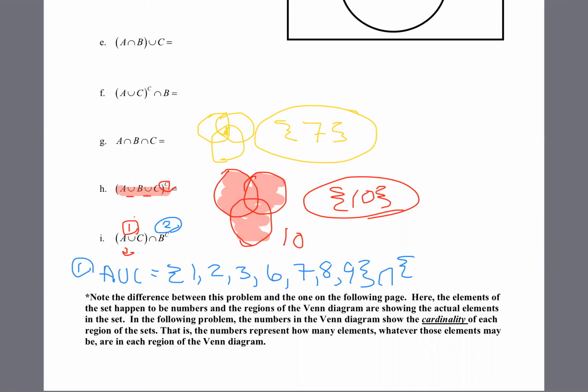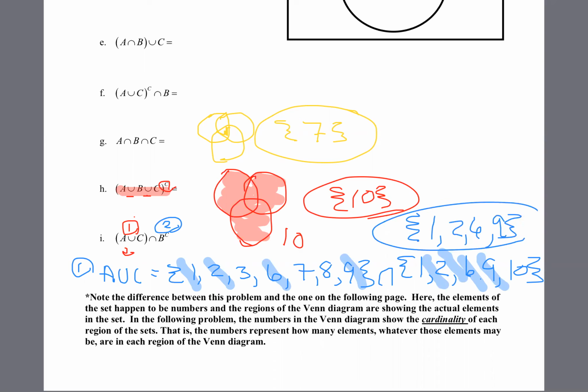And B complement from up top was 1, 2, 6, 9, 10. So we're looking at just what they have in common. 1, 2, 6, 9. So that one is 1, 2, 6, 9. All right. So that's part G, H, I. All right, hopefully all of that works.